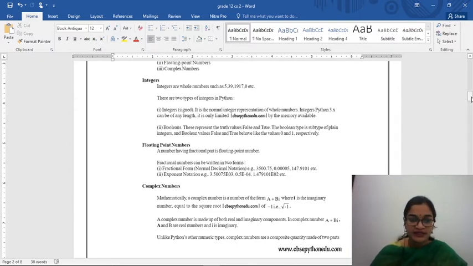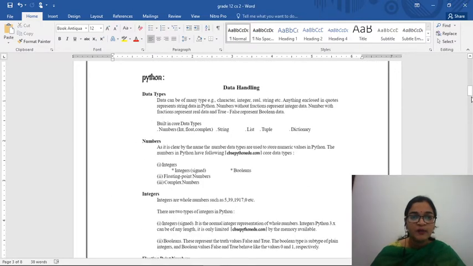And floating point, we have already seen it has two forms, fractional form and exponent notation. I think you all are familiar with this fractional and exponent, and we saw one example yesterday regarding finding exponent and mantissa. Please go through that session if you have any doubt. And complex numbers.